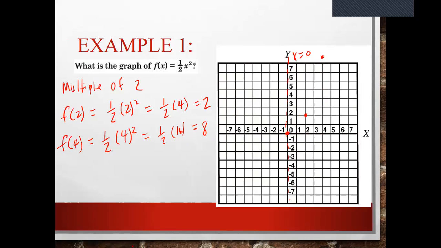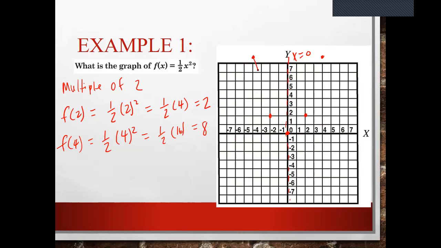The next thing we're going to do is take those points and reflect them across the axis of symmetry. How far is this point from the axis of symmetry? 2 units. So if I went 2 units to the right, I'm going to go 2 units to the left. Over here, I'm 4 away. So if I went 4 units to the right, I'm going to go 4 units to the left.